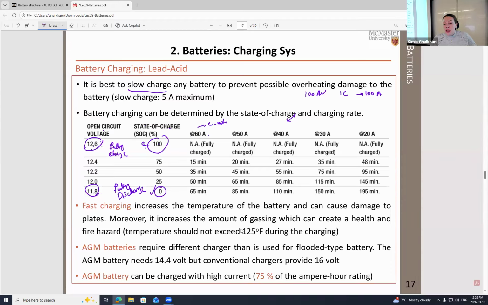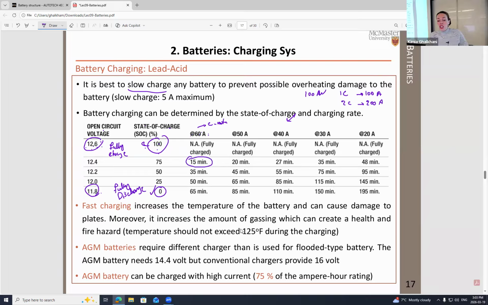If we have, for example, 2C, then it has to be 200 ampere. But if you want to say at 60 ampere, and the battery is, let's say, 100, it is going to be fully charged, and it takes, for example, at 60, only 50 minutes, right? And so on. So this is how you can calculate.